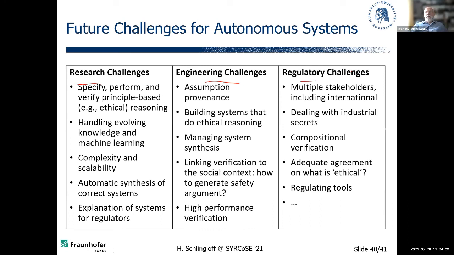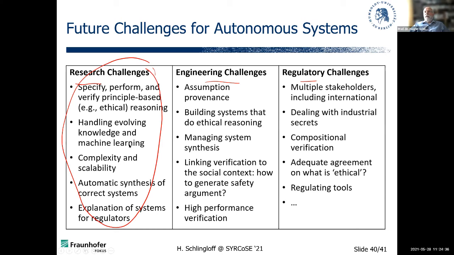I'm not going to tell you about all the challenges, but focus on the research part. I told you that we are currently investigating how to specify, perform, and verify principle-based reasoning on this ethical layer. The other thing we are currently looking at is how to handle evolving knowledge and machine learning.